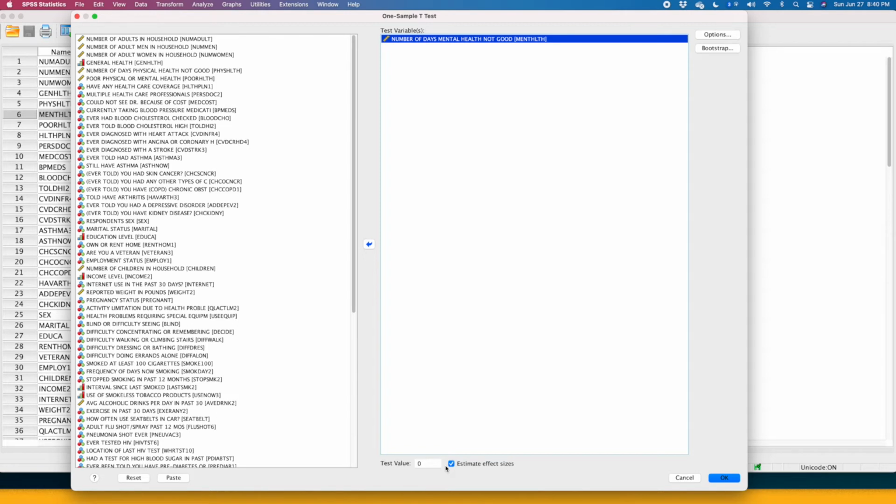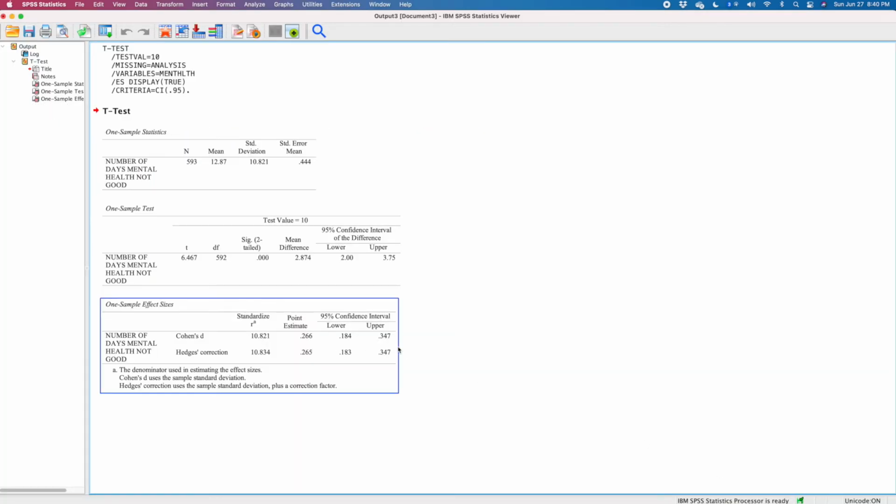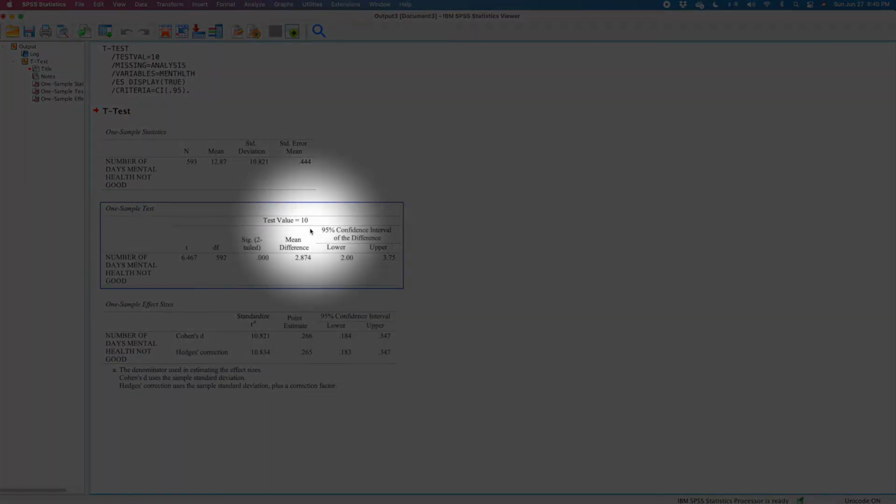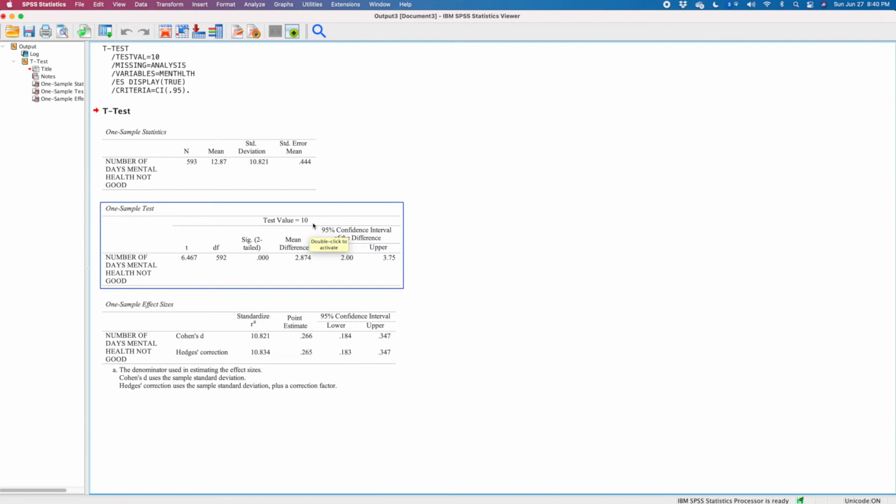They forget to enter the test value. For us, that was 10. I'm going to compare the number of days in this data set to the value 10. And when I run this, the output is created here, and I can now see that the test value is mentioned. Here it's 10. If you forget to enter that, you'll get a 0 there. And that is not correct, at least not for our example.